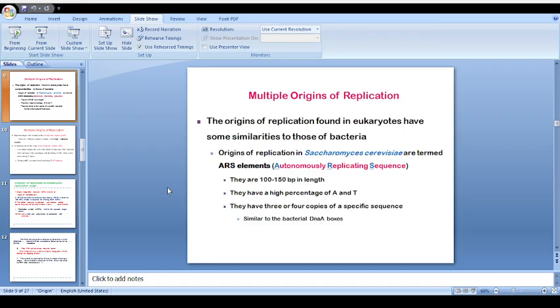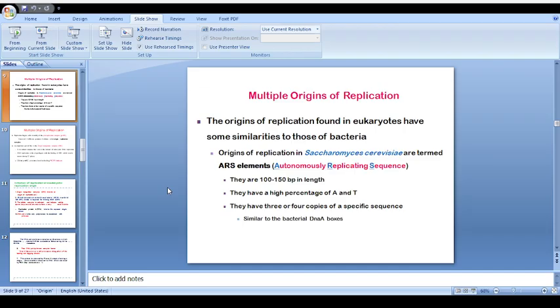The origin site of eukaryotes has some similarity to that of our prokaryotic system. Here is an example of Saccharomyces cerevisiae, a yeast, which is looking similar to that of bacteria. We call the origin site containing elements ARS elements, that is autonomously replicating sequences, which are similar to the 13 base pair repeats and 9 base pair repeats of our prokaryotic system.